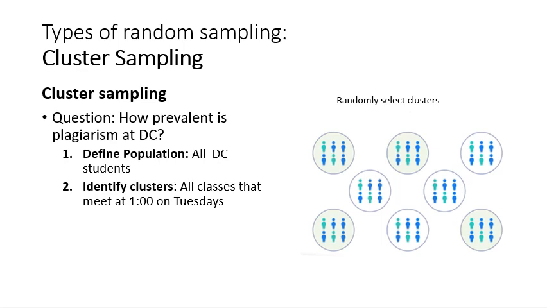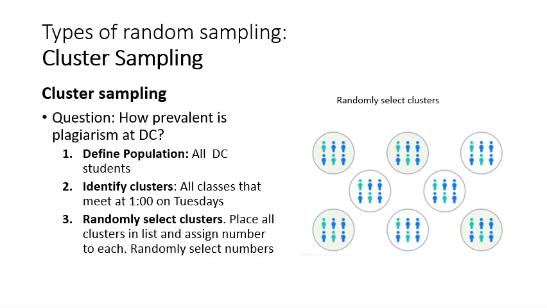Each of these are classes that meet at 1 o'clock on Tuesdays. And then you would randomly select not individuals, but clusters. We're going to take the 1 o'clock stats class and the 1 o'clock history class and the 1 o'clock Native American Studies class and the 1 o'clock French class, whatever it is. But you're going to randomly select clusters and then get all the individuals within each cluster.